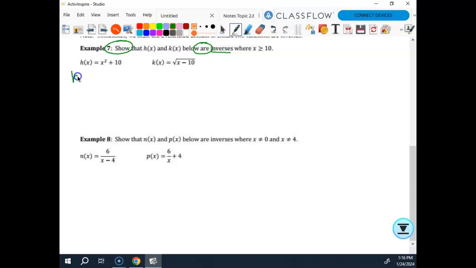So I'm going to start off with h of k of x, which is going to be h of the square root of x minus 10. So I'll take that, substitute it into h, and that will give me the square root of x minus 10, squared, plus 10.